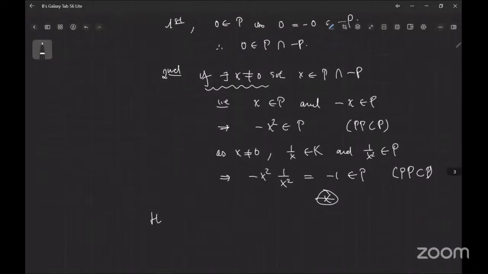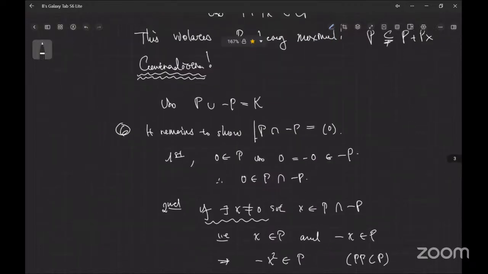Hence, the intersection contains just the number 0 of the field. Therefore, we have a positive cone. Therefore, P is a positive cone.